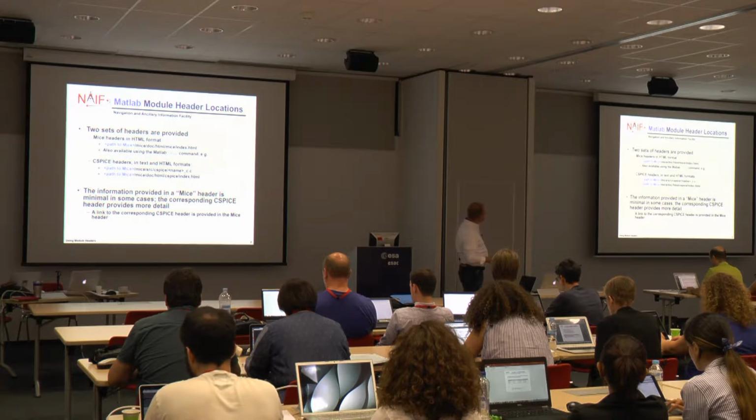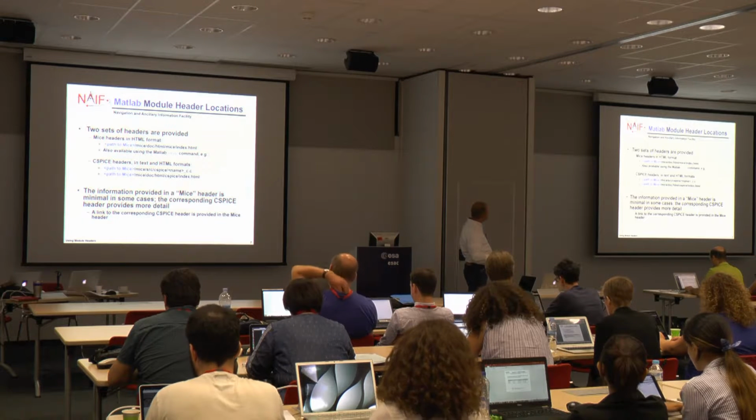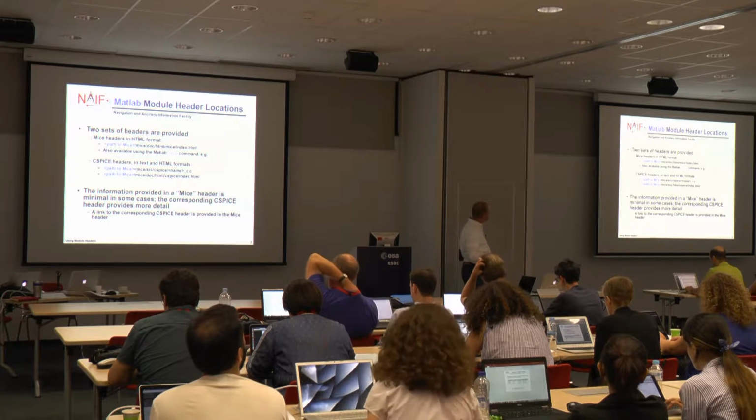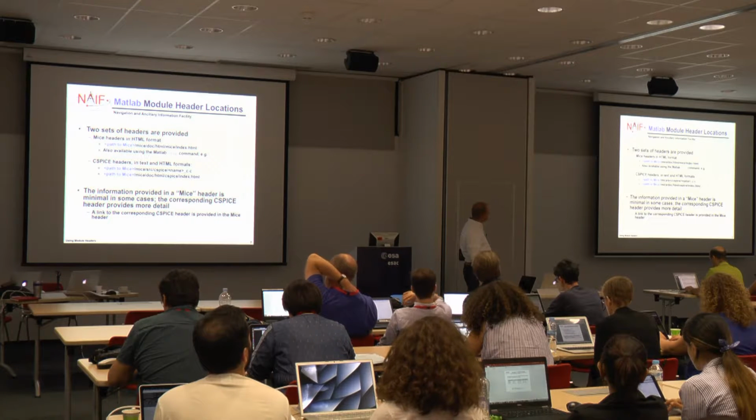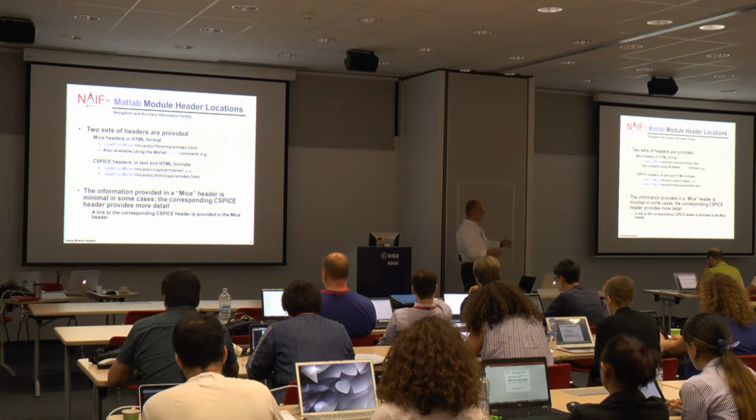A similar situation holds for Mice. You can look at Mice HTML format headers if you load this index. And you can also see these headers if you type the help command from MATLAB. For example, help followed by the name of an API will dump on the screen the full header for that API.